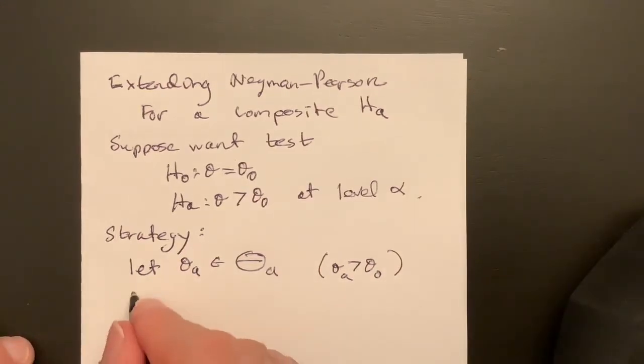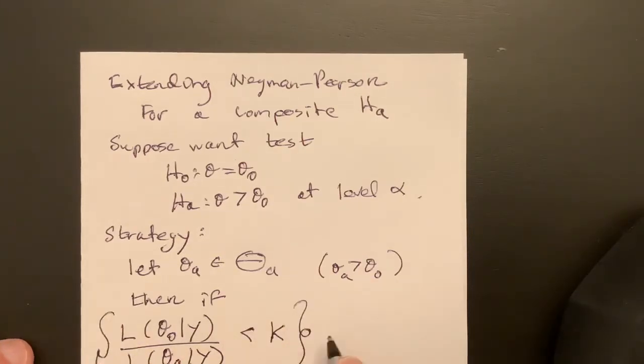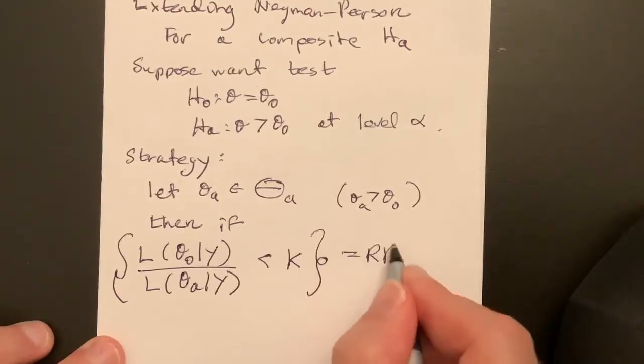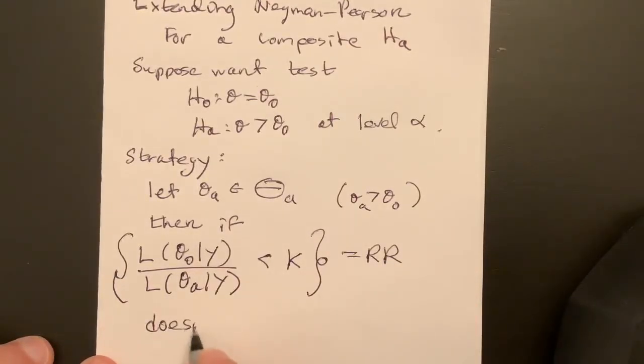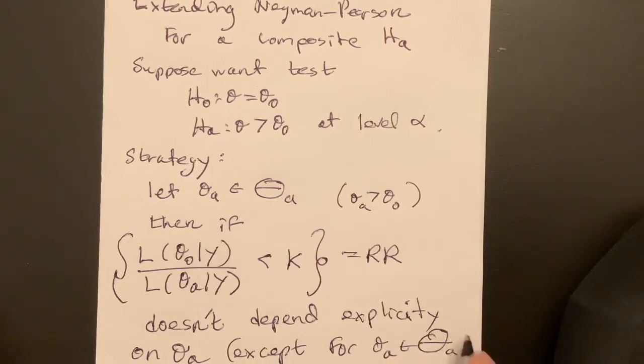Then, if the test given by the lemma doesn't depend explicitly on theta A, except for theta A in the alternate set.